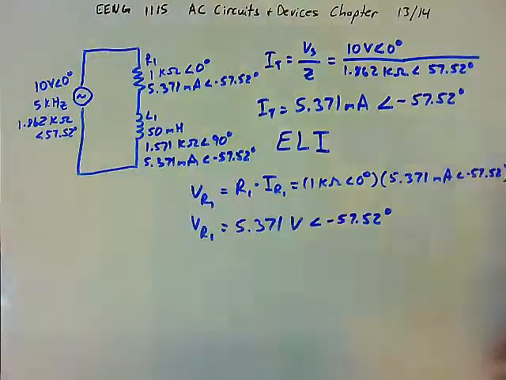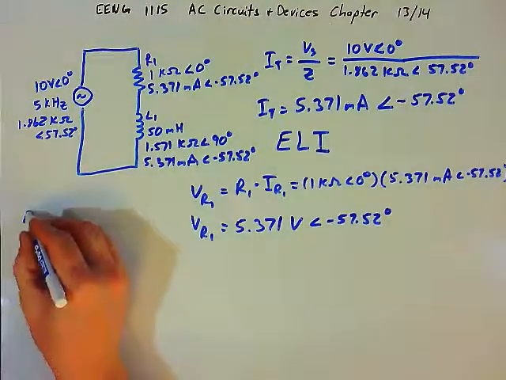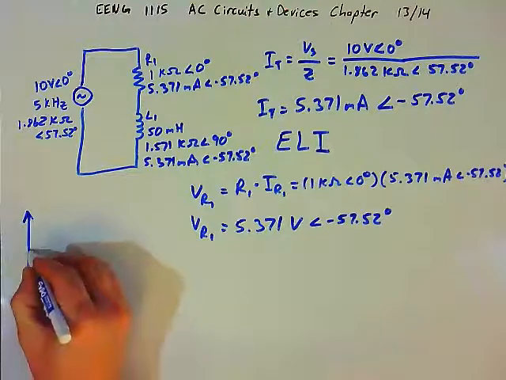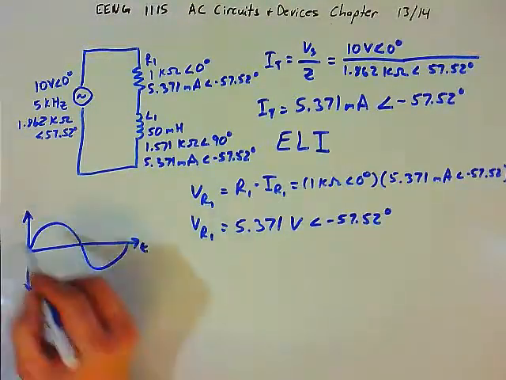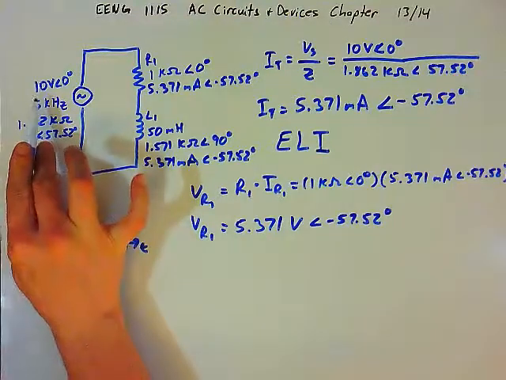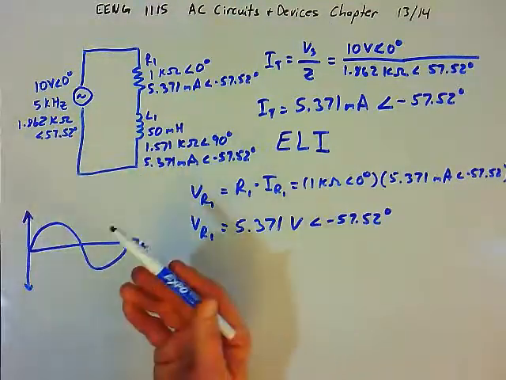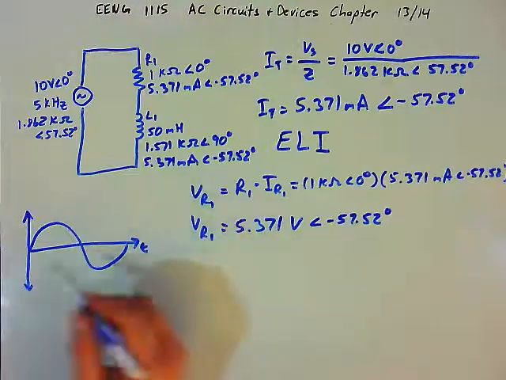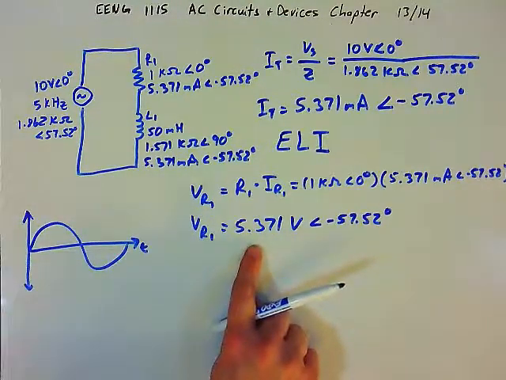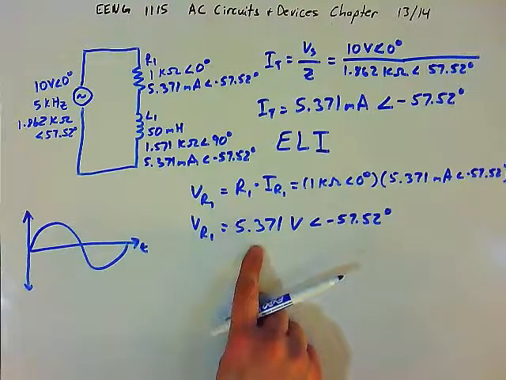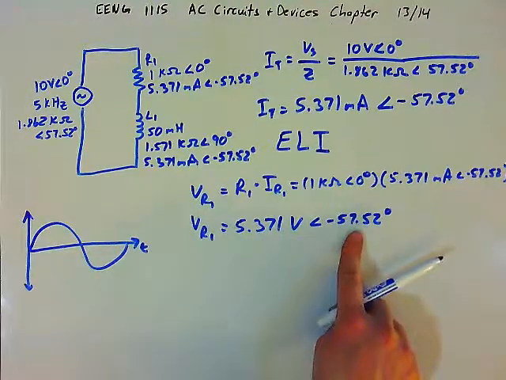And so what this means is that we see a total voltage that has an RMS value of 10. So the peak value is more than that, it's 14.14, but the RMS value is 10 volts. And the voltage drop on R1 is going to be 5.371 volts, but it's going to be lagging by 57 degrees.